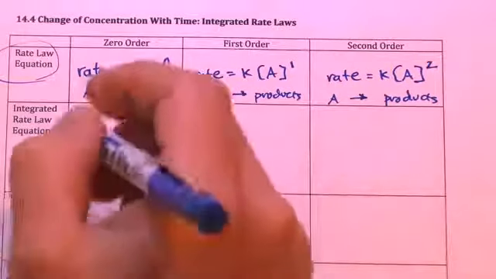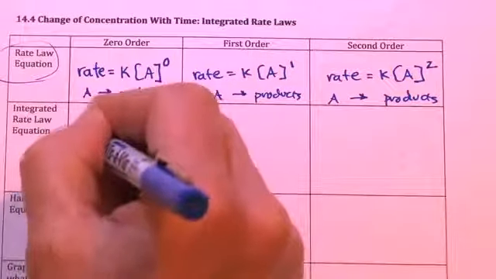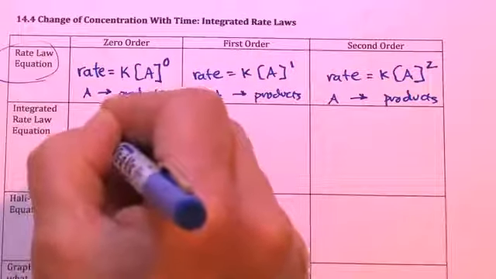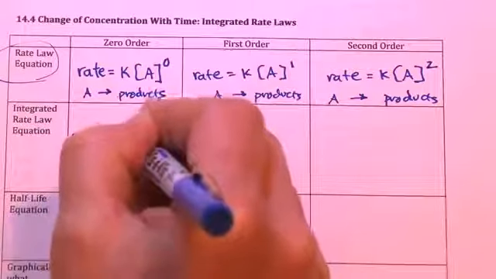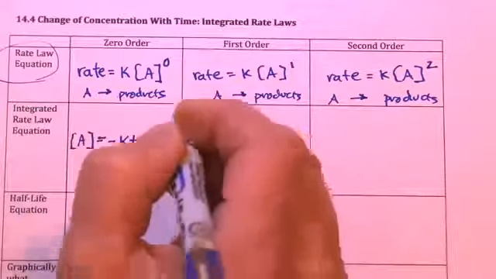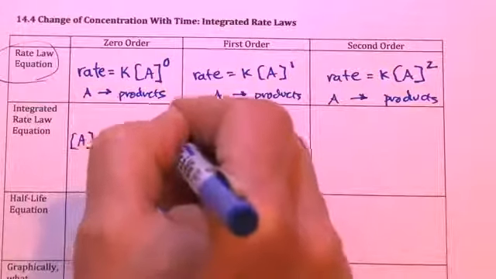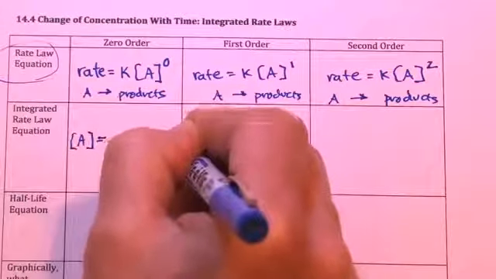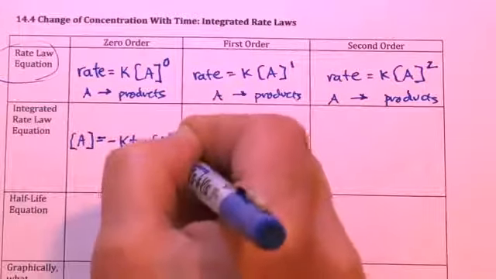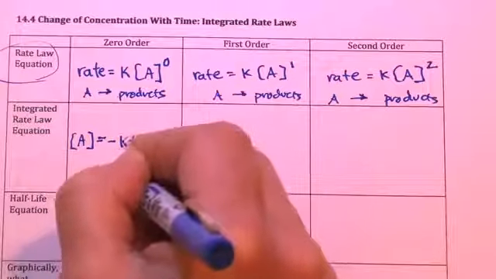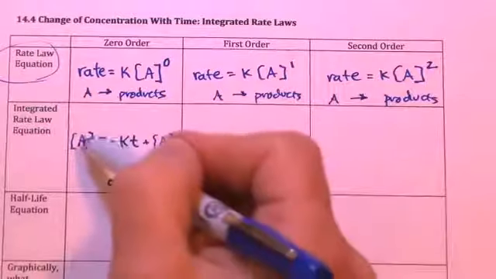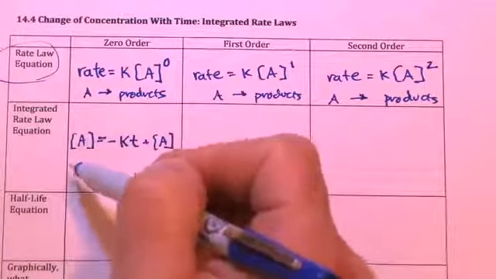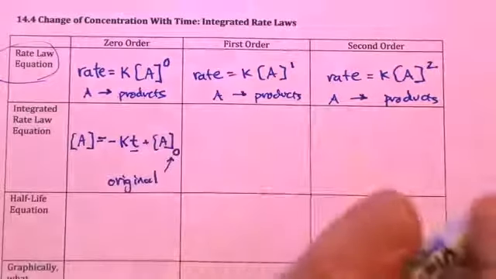The equation that results is concentration of A is equal to negative K, that's the rate constant, times T, time, plus the concentration of A original. I put a little O down here to mean original, or the very beginning concentration. And this is the concentration of A at some given time T right here.